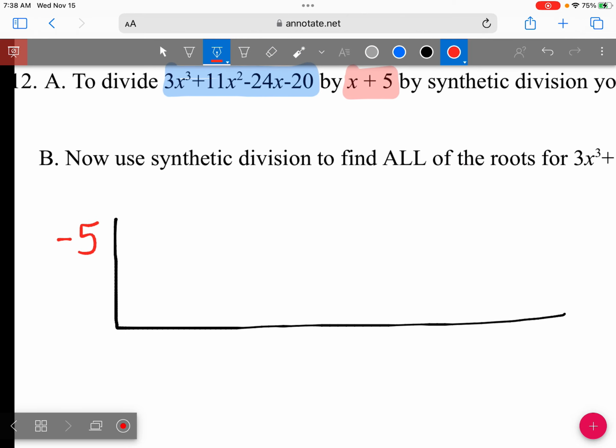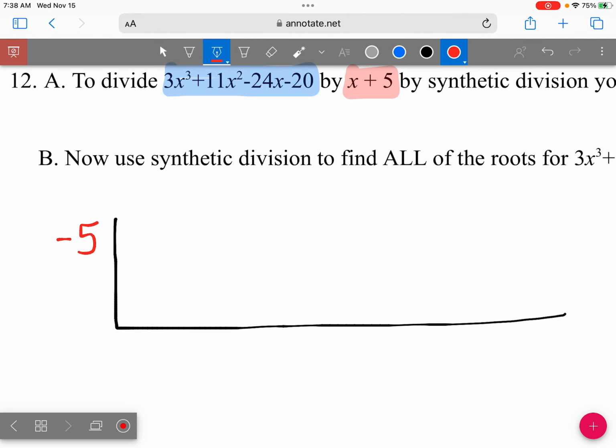Then we're going to do our division. What are our numbers going across here? Walk me through it. What numbers am I going to put here and here?